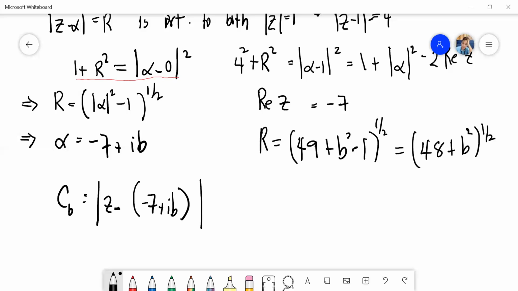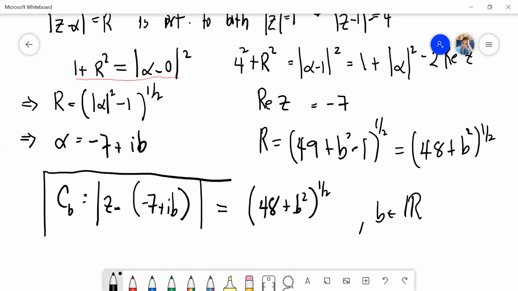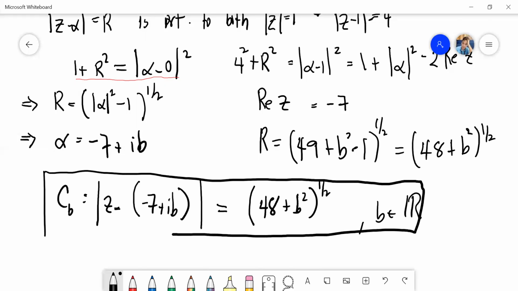So therefore, I can write this as equal to the square root of 48 plus B squared. Your B is an element of real numbers because your alpha can be written as A plus IB. So this is now the form of your circles that are orthogonal to both modulo of z equals 1 and modulo of z minus 1 equals 4.